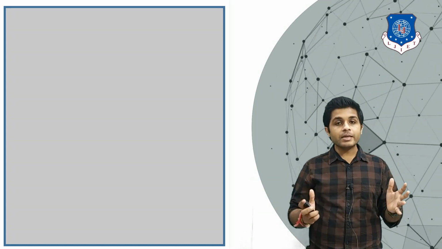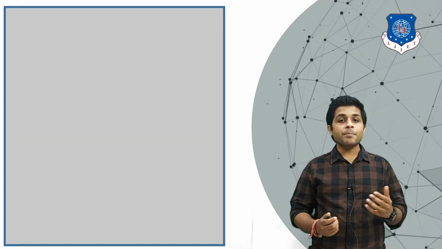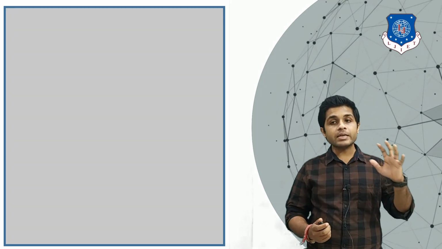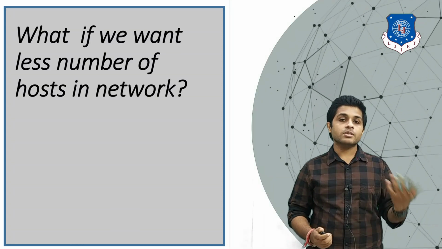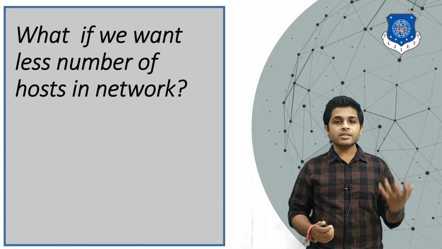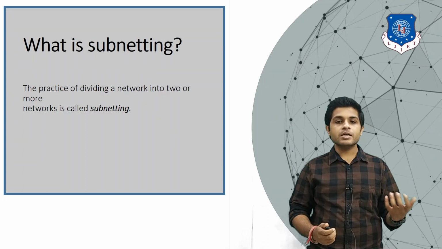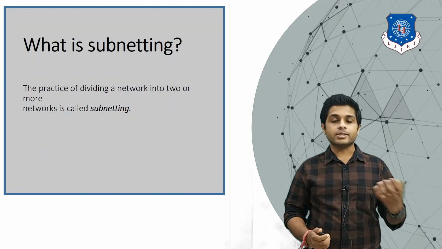So if we are creating a smaller network compared to the predefined class A network, we have to divide the network into subnets. Subnetting is the process of dividing a network into smaller parts.